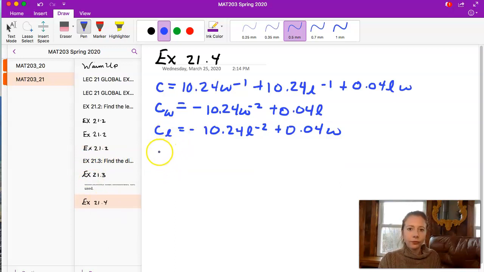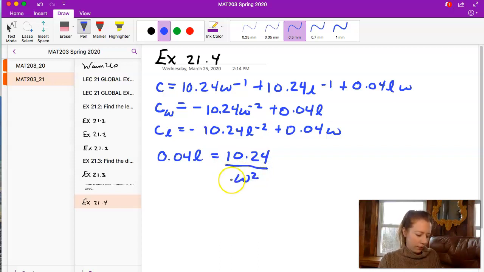Okay, and so now we need to find the critical point. Setting C_W to 0, you end up with 0.04 L is equal to 10.24 over W squared. And similarly, for the other one, you end up with 0.04 W is equal to 10.24 over L squared.